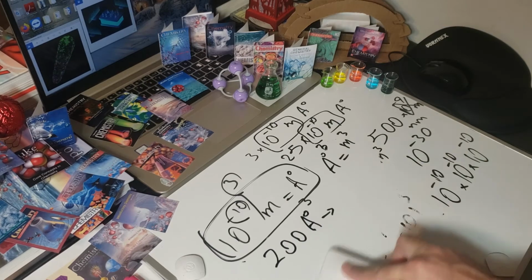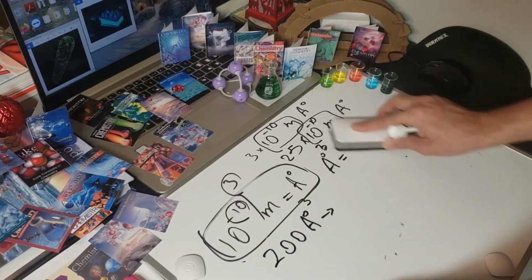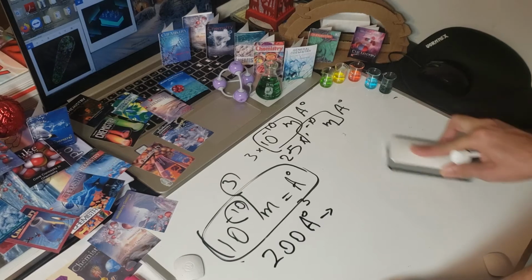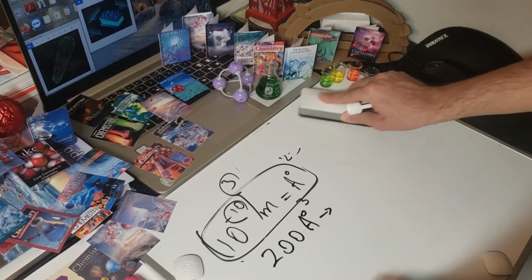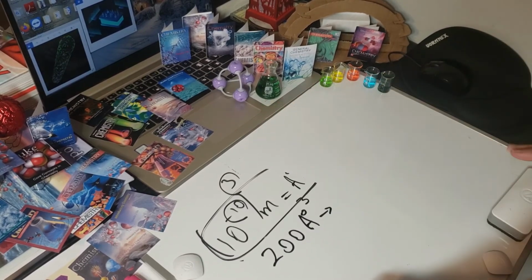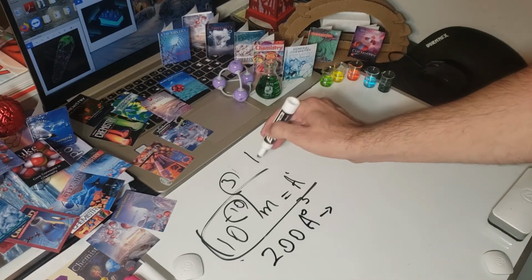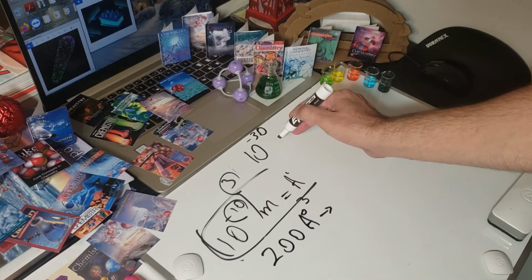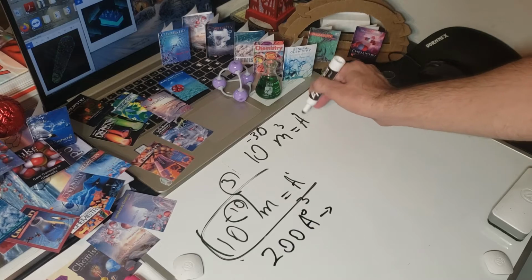So if I want to use that, I use the same conversion factor. We find out that 10 to the minus 30 cubic meters is just 1 cubic angstrom.